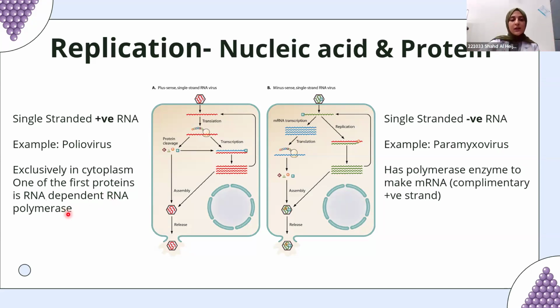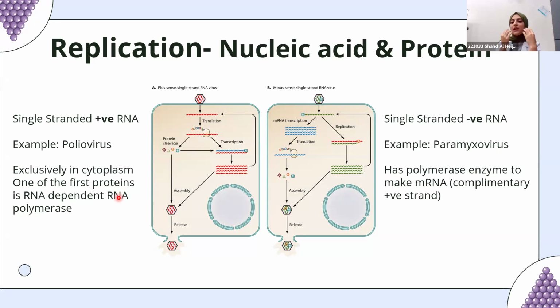To understand what this enzyme does: RNA polymerase means we are making RNA. RNA-dependent means we are using RNA to make RNA. So RNA-dependent RNA polymerase is basically the enzyme that will make RNA from an RNA strand.